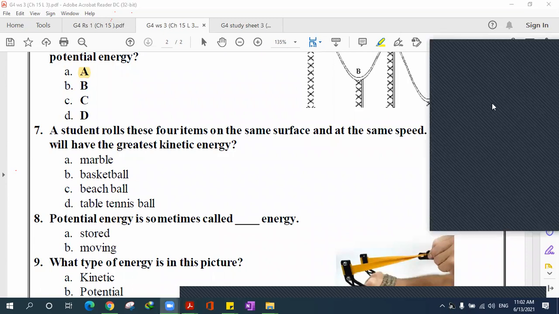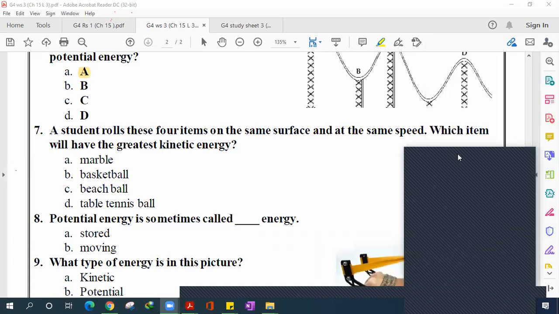After Farah we have Hamza. Hello, Hamza. Number 7. A student rolls these 4 items on the same surface and at the same speed.